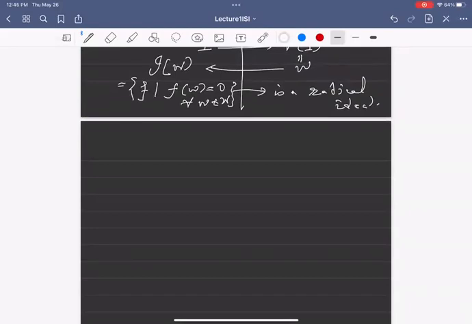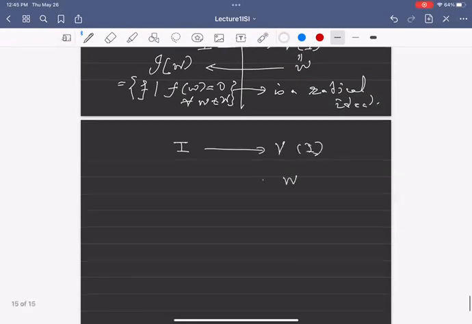So we want to show that these two maps, that is, taking a radical ideal and going to its variety, and taking a variety and going to its ideal, are inverses of each other.